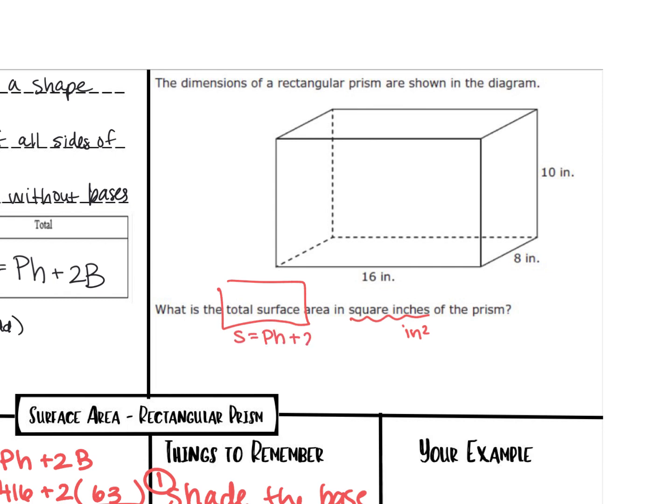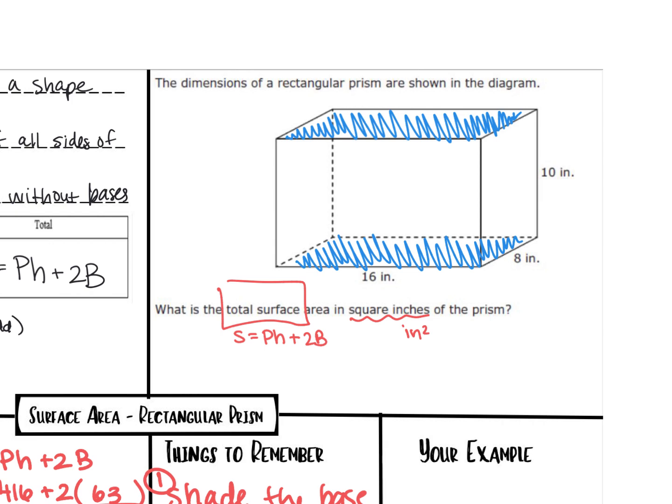PH plus 2B. And remember, step 1, we want to shade the base. This also helps me identify my height because we know the height is in between the two bases, so I can easily identify it. So I know 10 is the height.